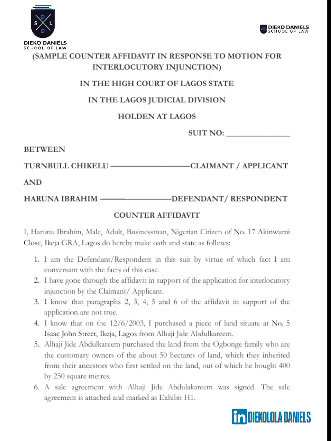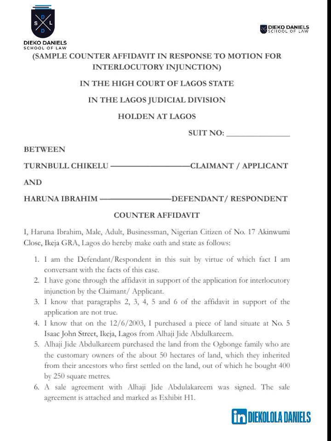So it ought to be claimant slash applicant if the claimant is the one bringing the application, or defendant slash applicant if it is the defendant bringing the application. And therefore, in the first case, the defendant will then be the respondent, while in the second case, the claimant will be the respondent. Do you understand?